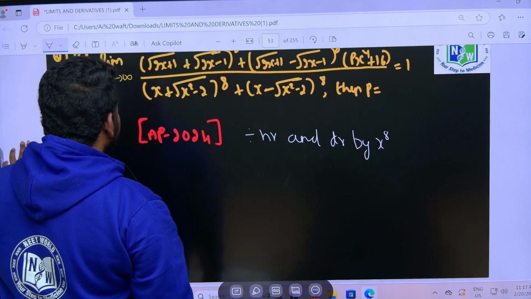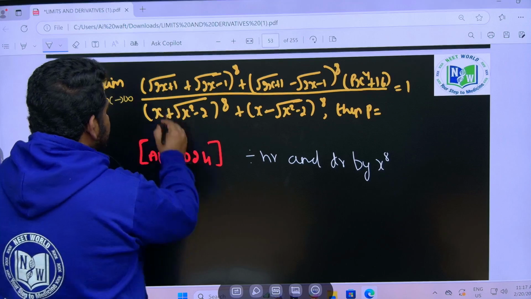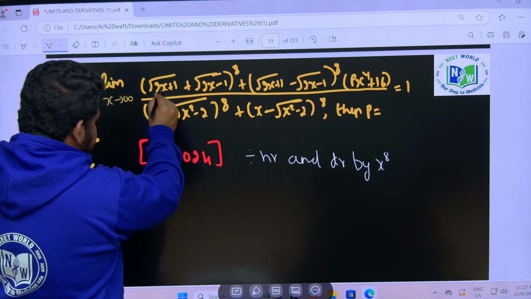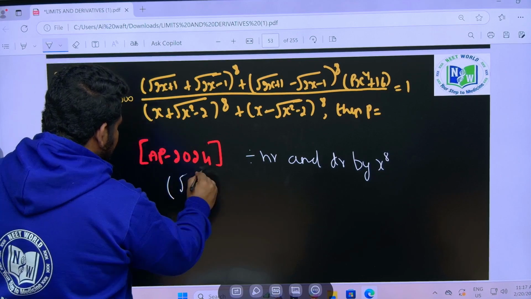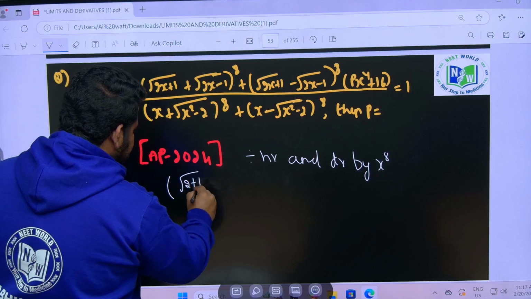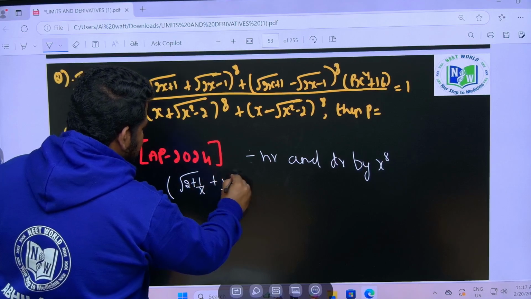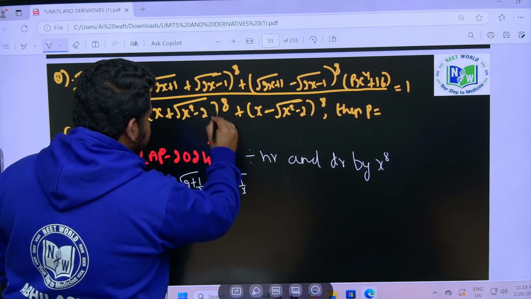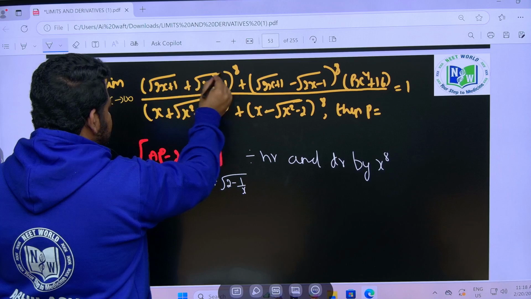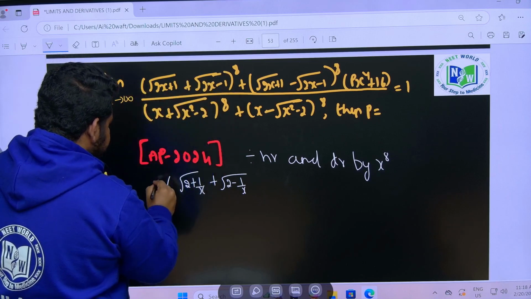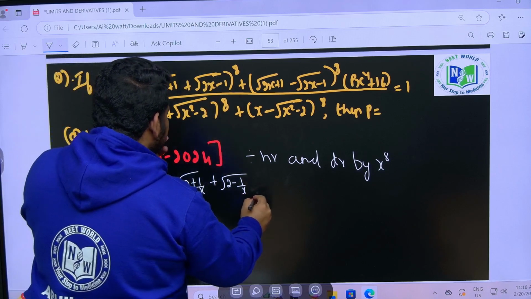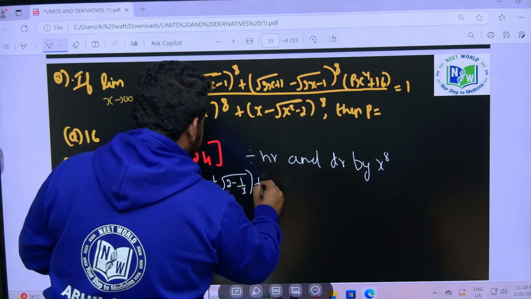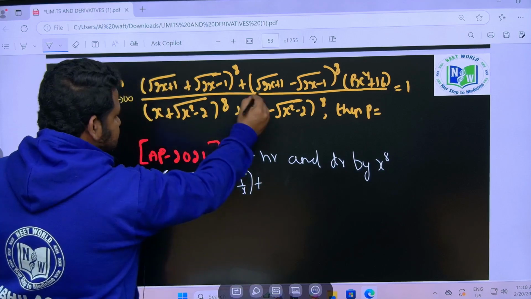So for that, what will we do first? So this will become what, friends? If I take x outside, this will become root of (2 plus 1 by x). I am talking about the numerator. x will come outside, so this will become x power 8, plus this total value will also become x power 8.